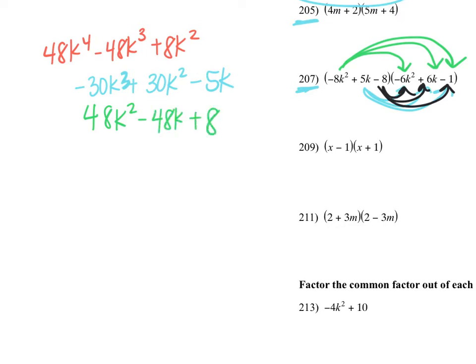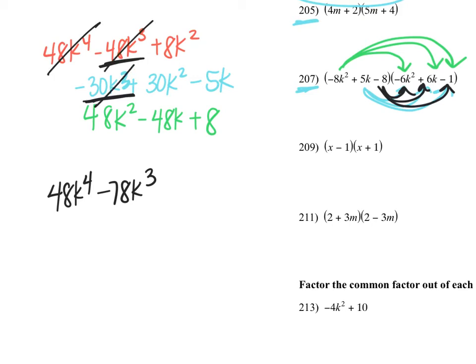Okay, so negative 48k cubed, negative 30k cubed, I can combine those. So I get negative 78k cubed. I get 48k to the fourth. That's done. This is done. So now I have this k squared and those.